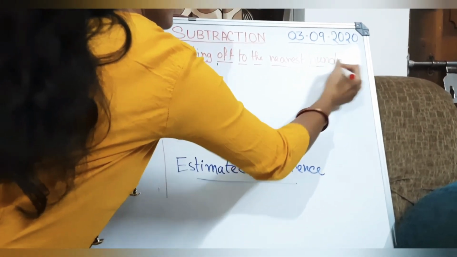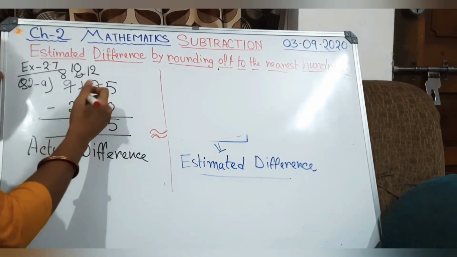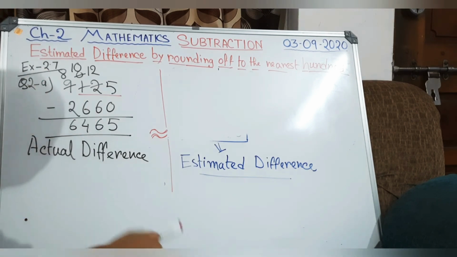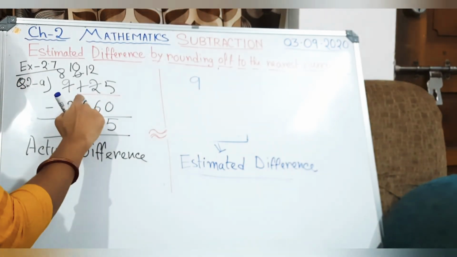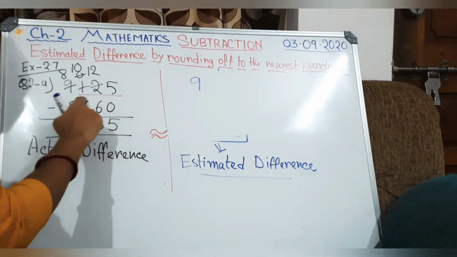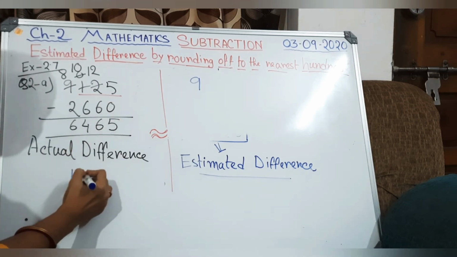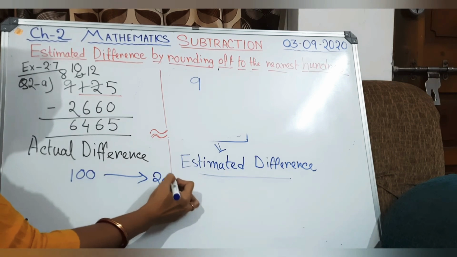Now I have to change it to its nearest hundredth place, 100. Okay. So here ones, tens and hundreds. From here I need to change. I need to round off. So 9000 but 125. This scale is starting from 100 and its last limit is 200, right?